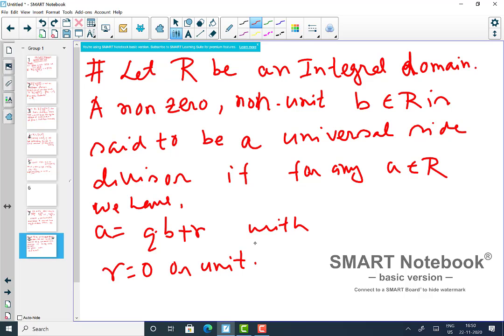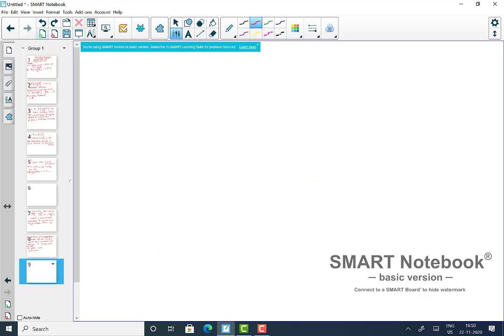A minus R is divisible by B, right? And R is a unit. So you are just translating A by a unit and then it is divisible by B. So this is the property, and it is actually true inside a Euclidean domain, but this is not true inside a principal ideal domain. Maybe I will show you.